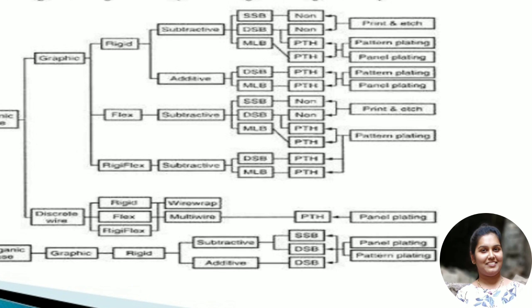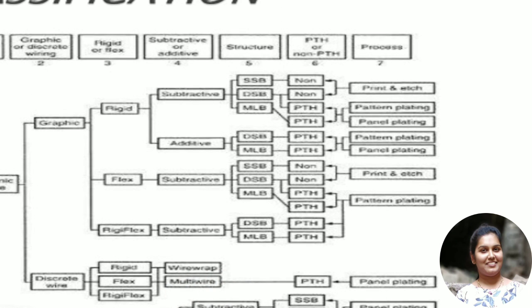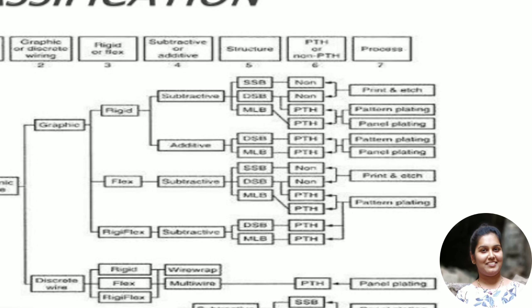Next, even in the inorganic base we see subtractive and rigid type of PCBs available. And next is based on the structure, like how many layers or how many sides we coat the conducting layer.